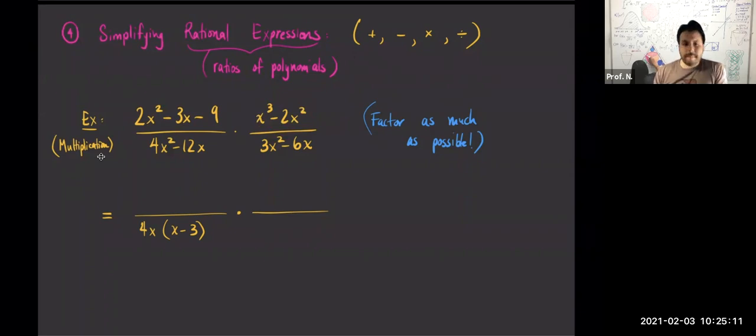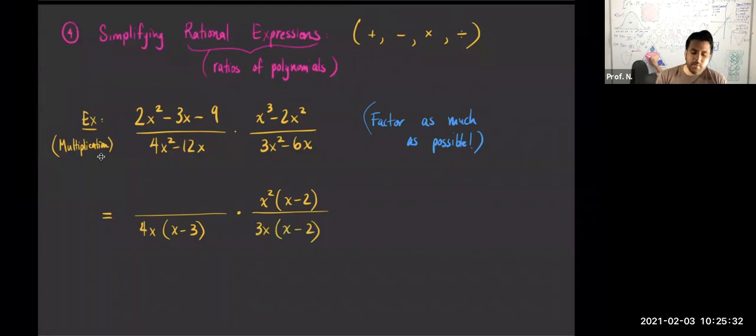An x squared. That's right. So I get x squared, x minus 2. Good. How about the denominator? I can factor out a 3x. So this becomes 3x, this is x minus 2. Okay, good. So you start to see, hey, I have x minus 2 at the top and the bottom.